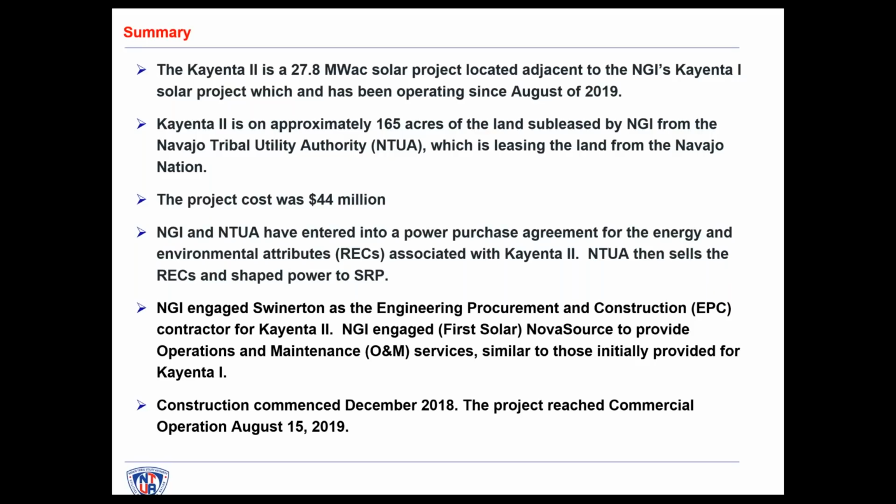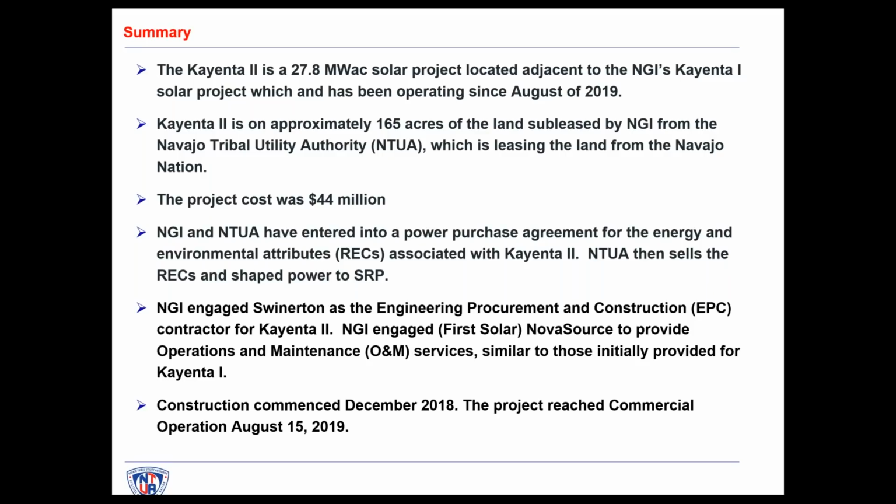Kayenta 2 is on approximately 165 acres, which is subleased by NGI from NTUA, which leases the land from Navajo Nation. So you can see there's a series of interconnections between NGI, NTUA, and Navajo Nation.